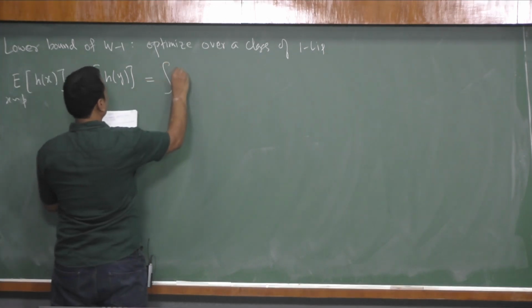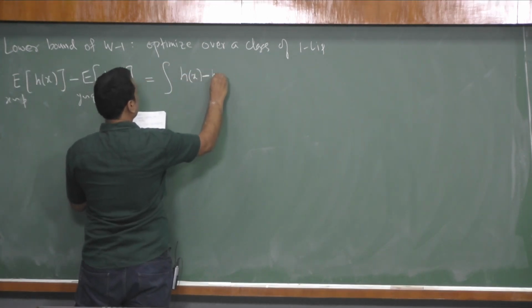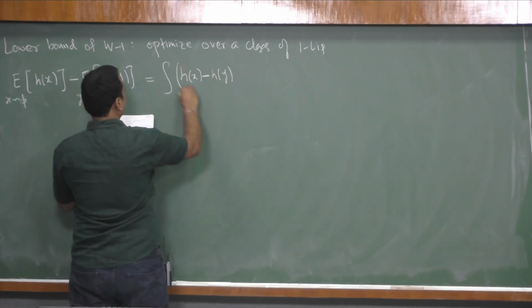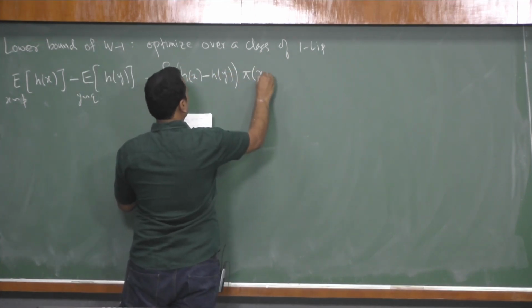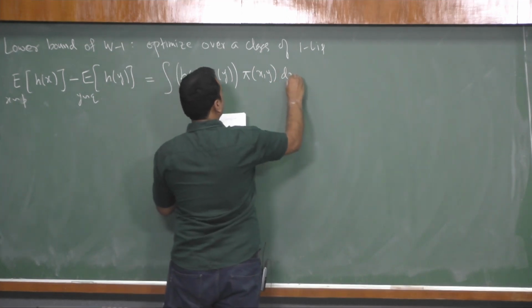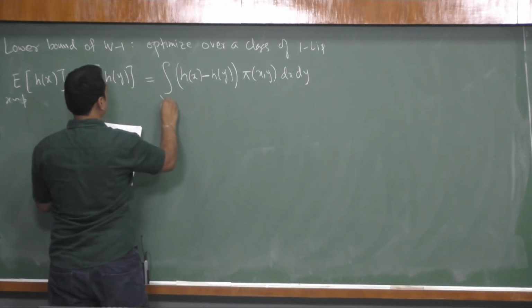This is the integral of h(x) minus h(y) times pi(x,y) dx dy.